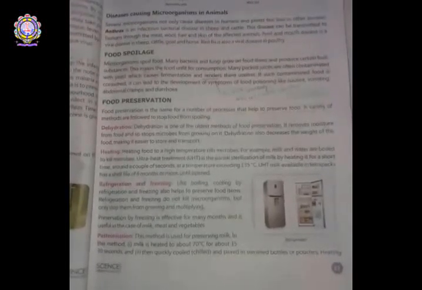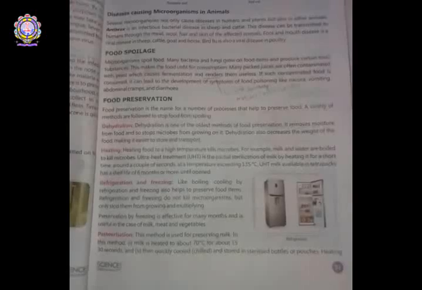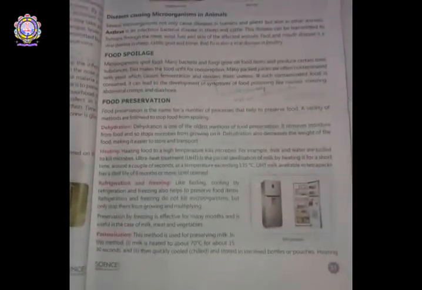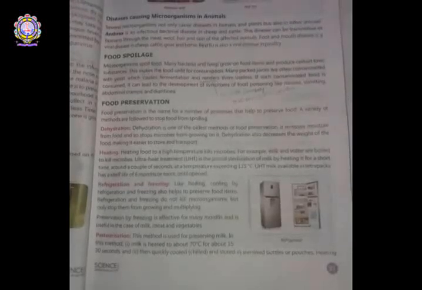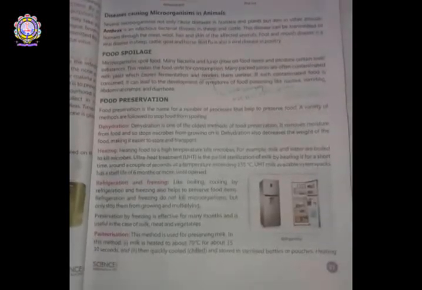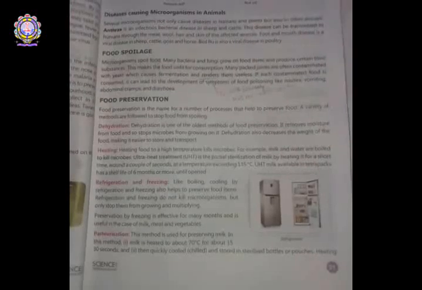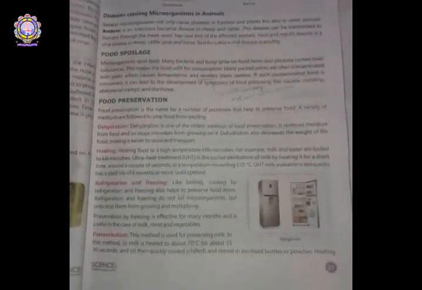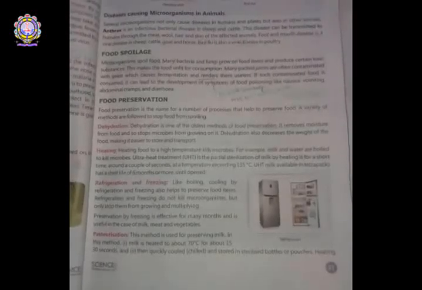The next process is pasteurization. This method is used for preserving milk, because milk is the most important product of animals.